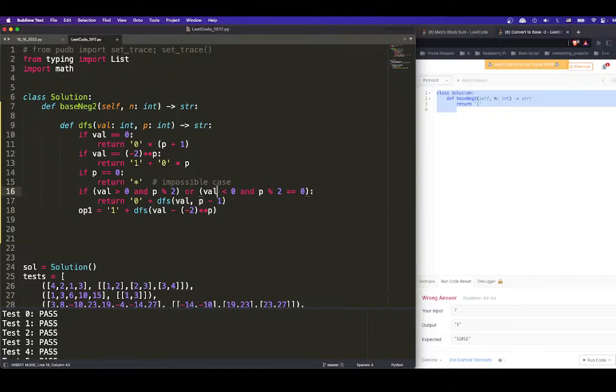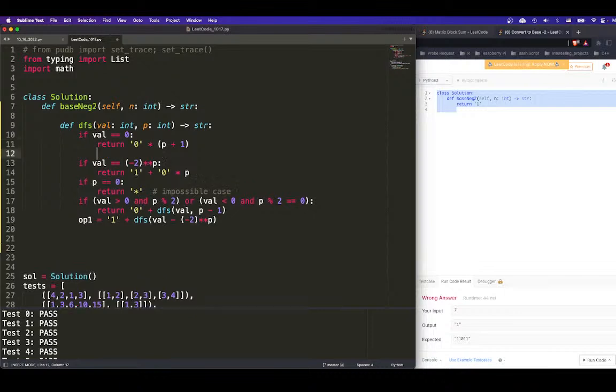I only need to calculate it once. So current is going to be minus 2 to the pth power. And then we say if this is equal to current, otherwise this, and so on. And then we minus the current, P minus 1.